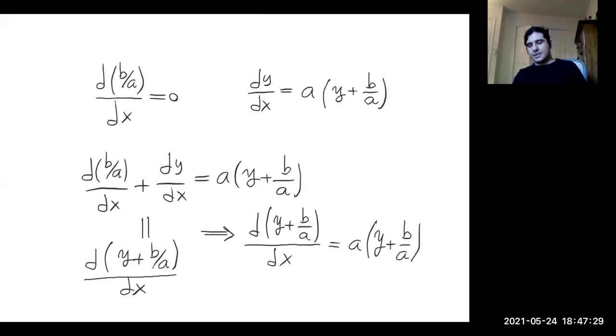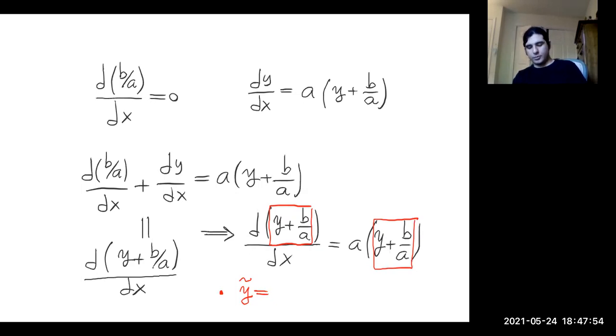Now, this is interesting because I can do a change of variable here. Note that here I have y plus b over a. Here also I have y plus b over a. So if I introduce a new variable, let's call it y tilde, I guess you can't see it here.